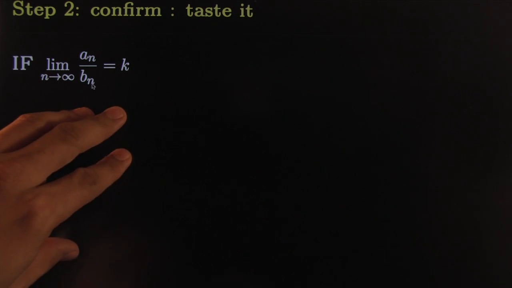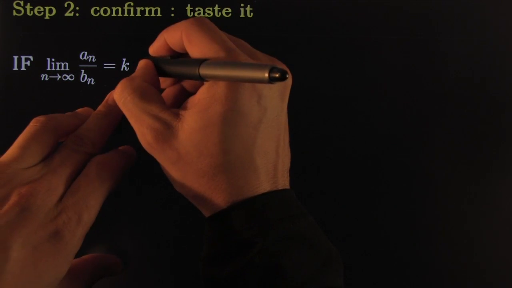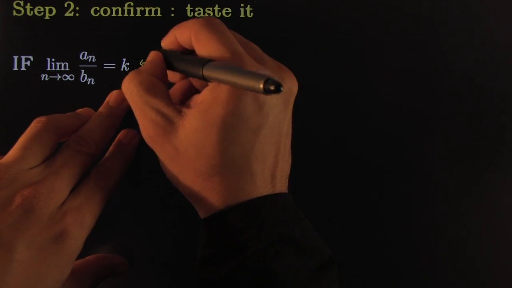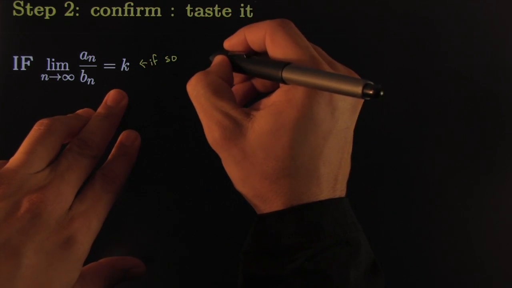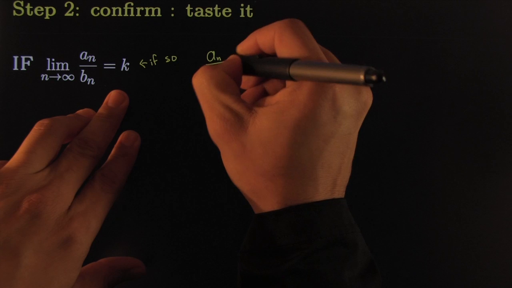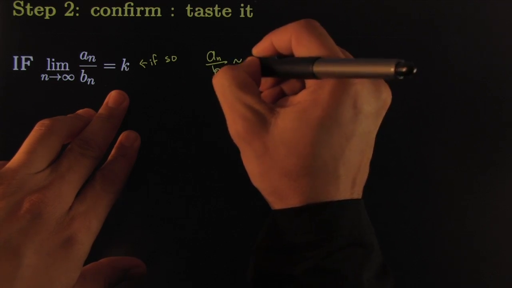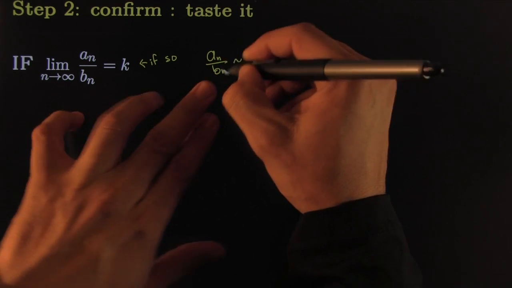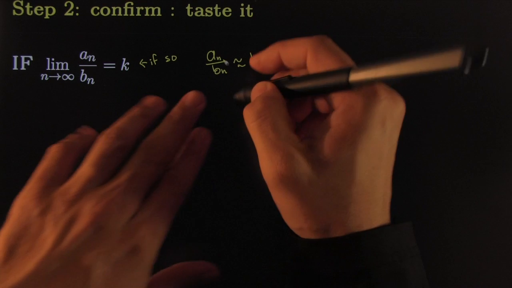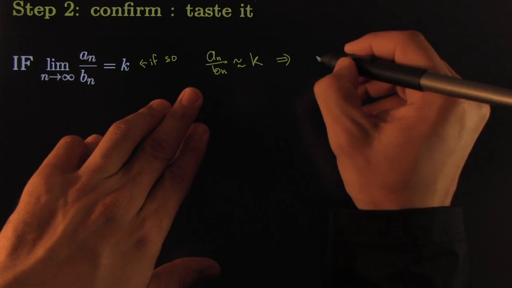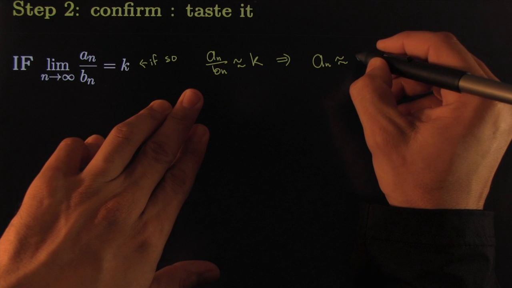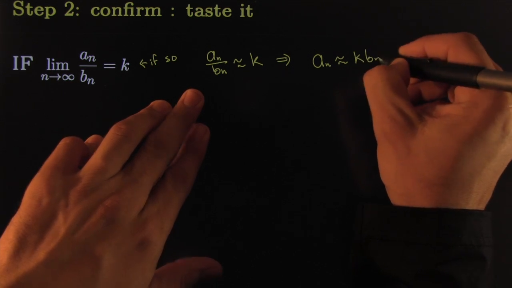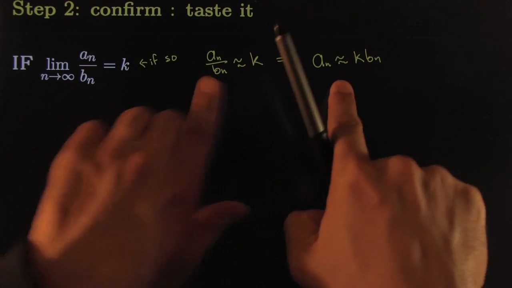In other words, if this was true, then you could say a_n over b_n is roughly the same as k, at least for large n's. That's what this limit says. And that says it must be that a_n is roughly the same as k times b_n, just by multiplying both sides by b_n.